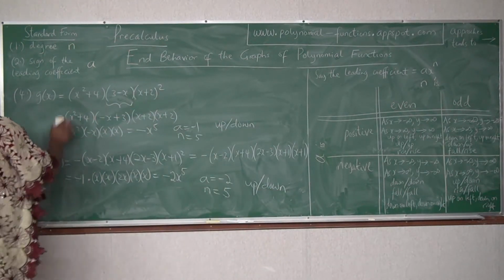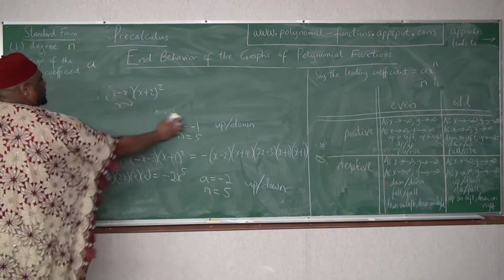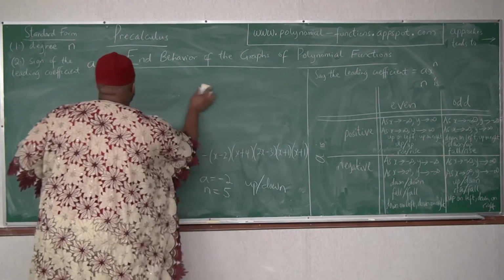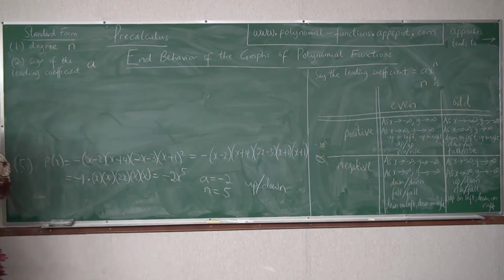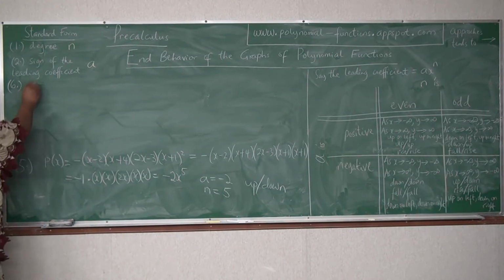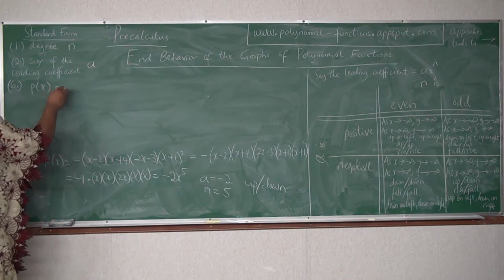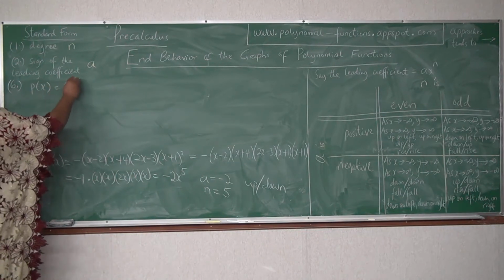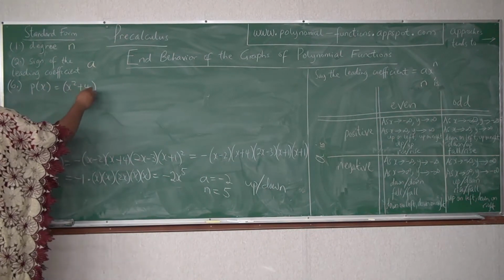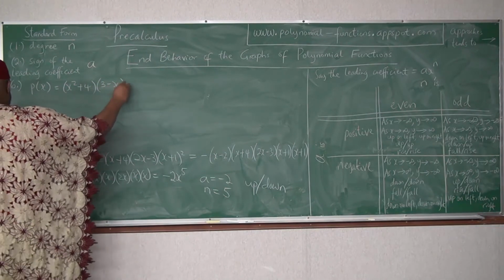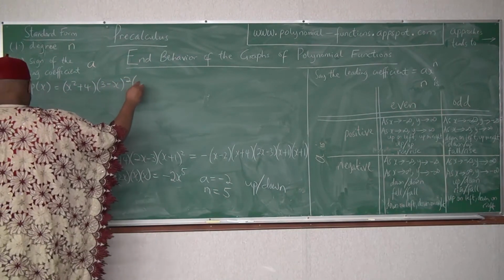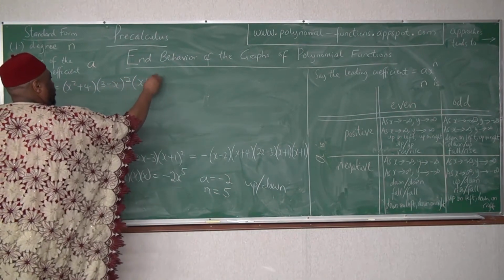Alright, last but not the least, question 6. If we have p of x is equal to x squared plus 4, 3 minus x all squared, x plus 2 all squared.